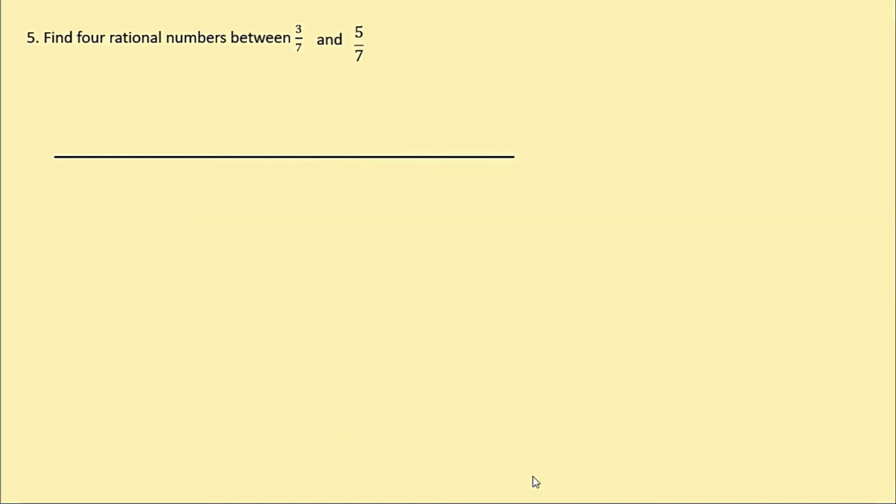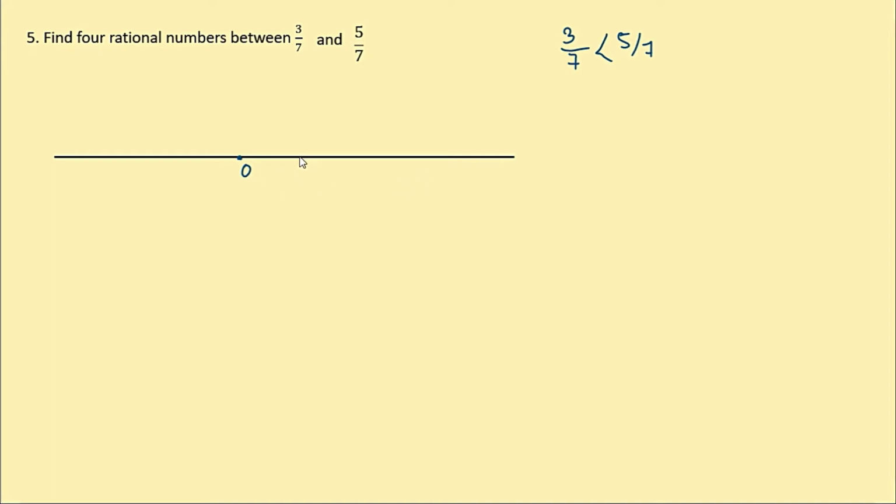The next sum is find four rational numbers between 3 by 7 and 5 by 7. So obviously it is very clear, since the denominator is same in both the two fractions. So 3 by 7 is less than 5 by 7. Okay, so all of them will be lying to the right hand side of 0.